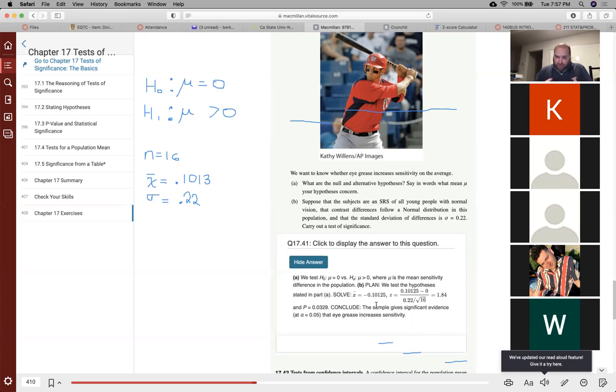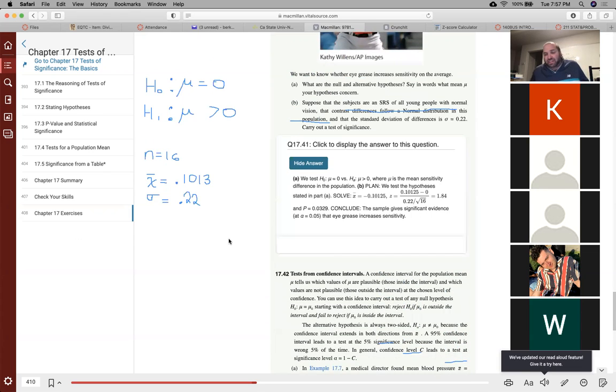You get specific to the problem. We reject the fact that eye grease does not affect sensitivity, that there's no difference, in favor of eye grease increasing sensitivity. So you want to write out a sentence in the context of the problem and not keep it purely mathematical. Does that make sense?